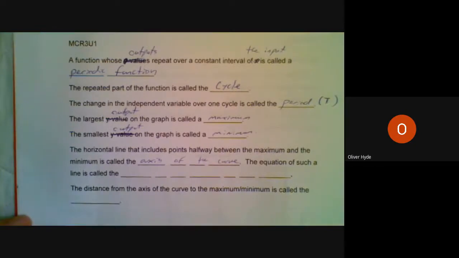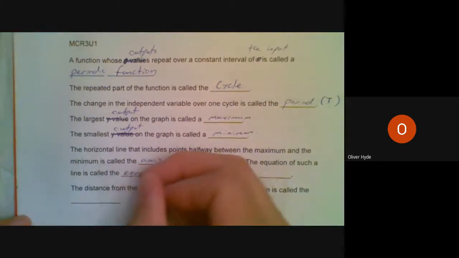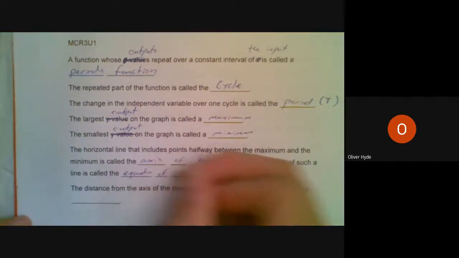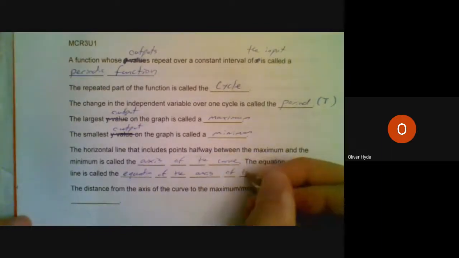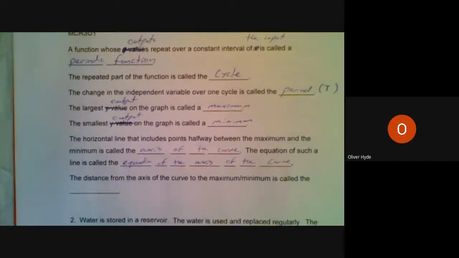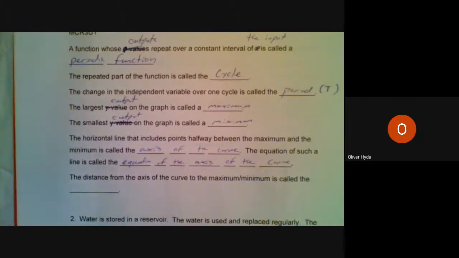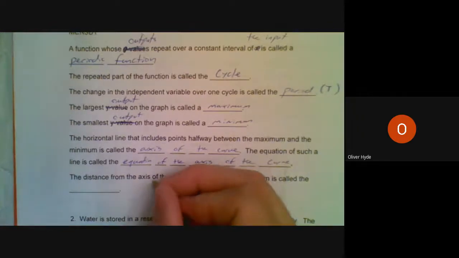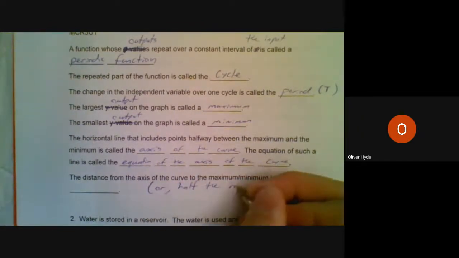The equation of such a line is called the equation of the axis of the curve. The distance from the axis of the curve to the maximum or the minimum, or half the range, is called the amplitude.